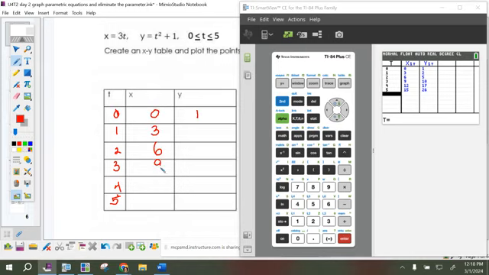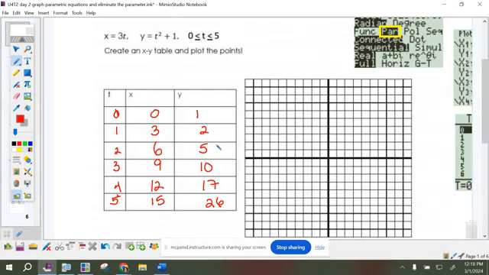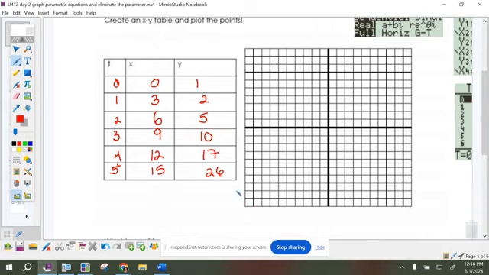Oh, it's easier to go this way. All right, so you write them on your paper as well. And so what I notice, if I have to go to 26, I think I'm going to count by a scale of 2. I'm going to make this 2, 4, 6, 8, 10, 12, 14, 16, 18, 20.